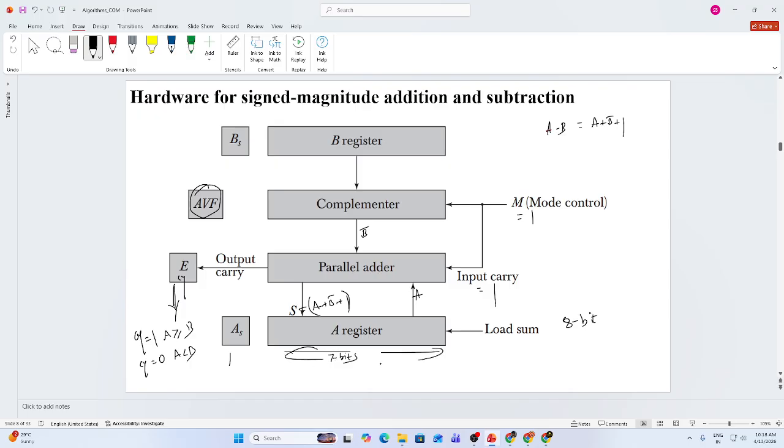Suppose the result is greater than 7 bits, I cannot store it in A. In that case, the external carry will be stored in the carry bit, which we indicate as an overflow. So whenever I get an overflow, I make this overflow flag as 1. That is the meaning. Now let us go to the algorithm.